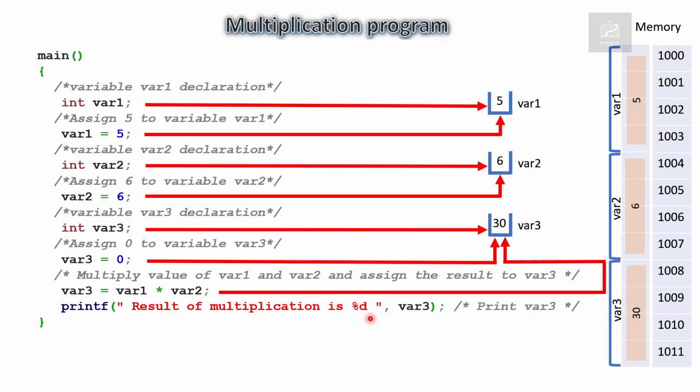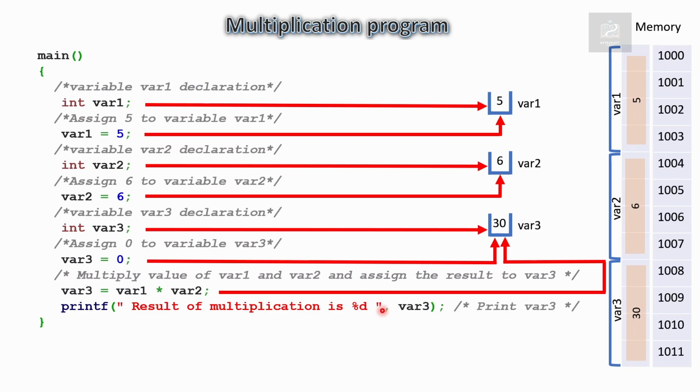This is the format specifier. It means we are going to print this variable with this format. That is the decimal integer format specifier, so that the printf function can understand with which format you want to print this variable. With the %d format specifier, we are asking the compiler to print variable 3 in decimal format.